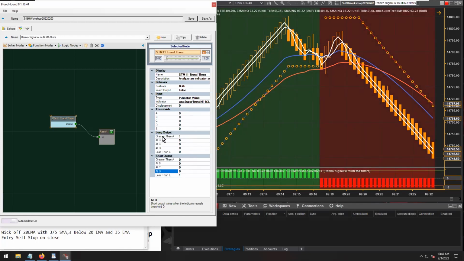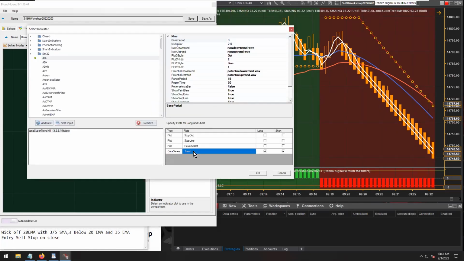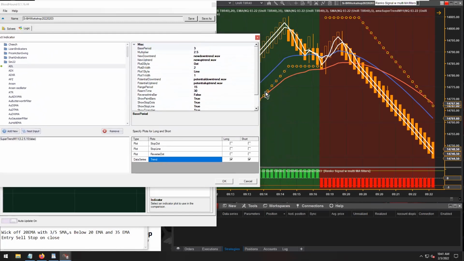That data series trend is going to be a positive one when the indicator is in an uptrend. This is something that you will have to ask the programmer of your indicator. But typically, if you see a data series called trend, it's going to be a positive one when the indicator is in an uptrend, and a negative one when the indicator is in a downtrend.